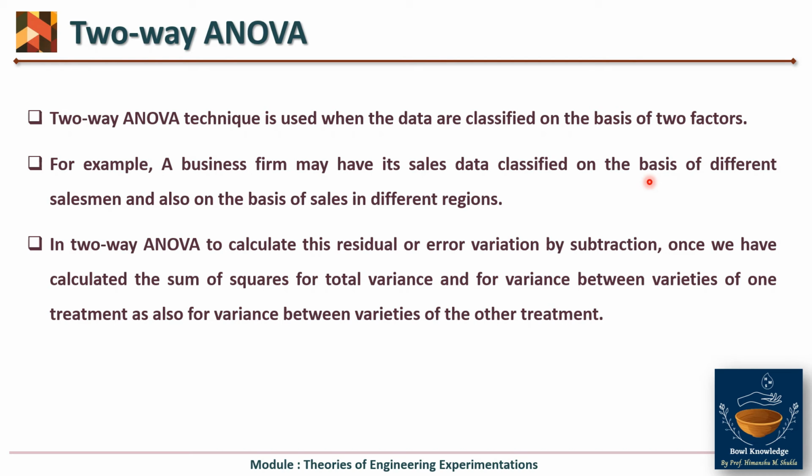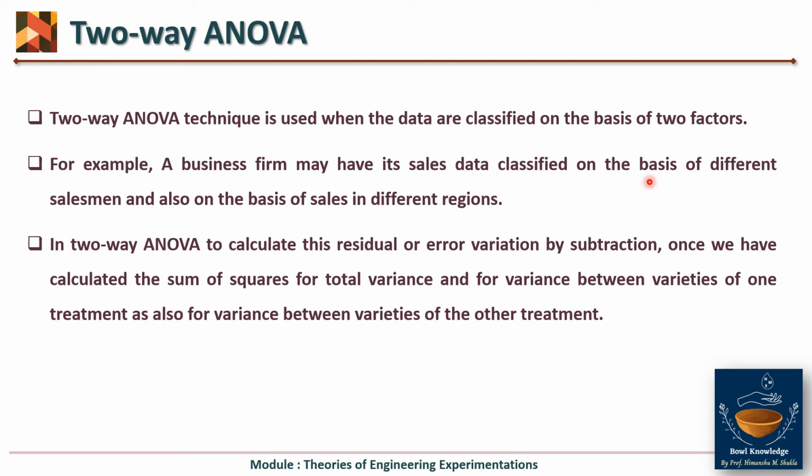So in two way ANOVA, to calculate this residual or error variation, now see, there are two factors, so there will be variation between them as well. Until now we were looking at variation between samples and variation within samples. Now we have two factors, so there will be some variation between the samples or between the factors also. So here the calculation will be quite complex, but still we can understand it by keeping our mind calm and penetrative for the concepts.